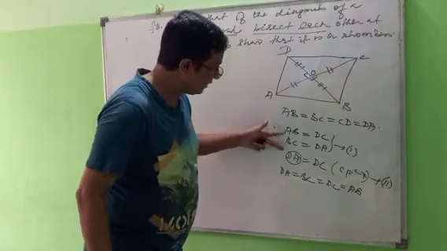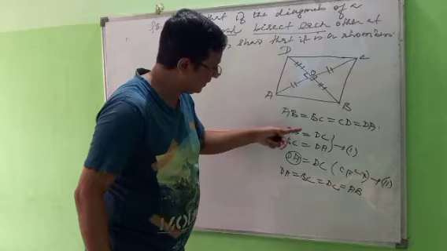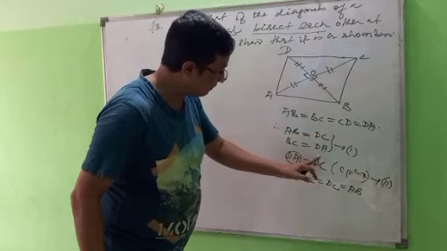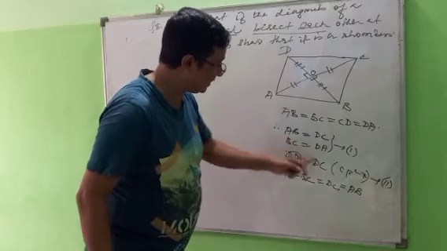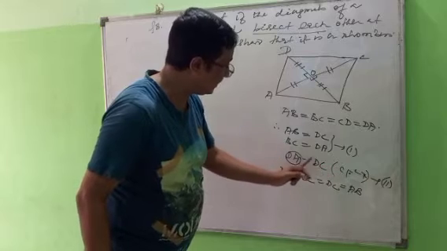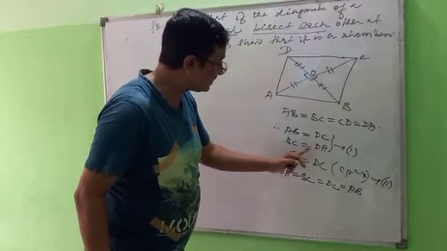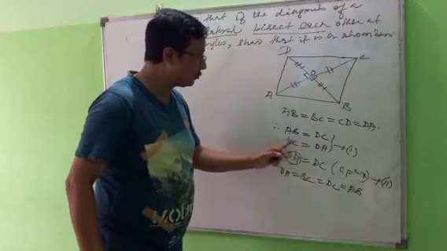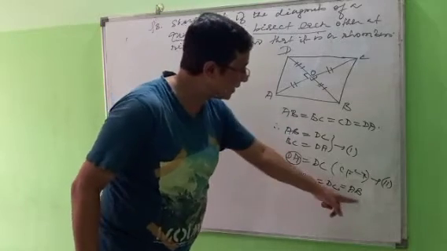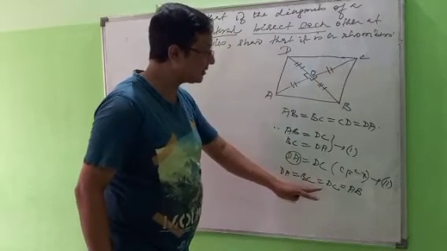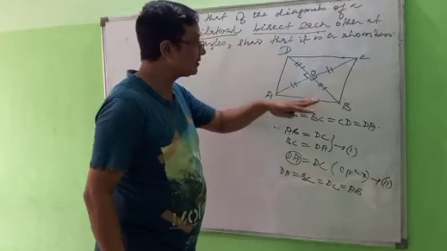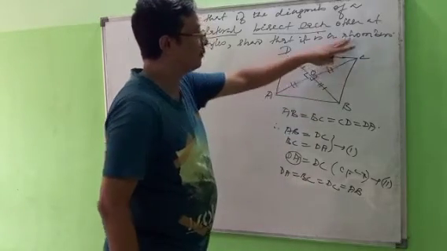So by equating these two equations, AB equals DC, in place of DC you will write AB. So DC equals AB equals DA, and DA is equal to BC. So that means all the four sides are equal. Since the four sides are equal, that is why this quadrilateral becomes a rhombus.